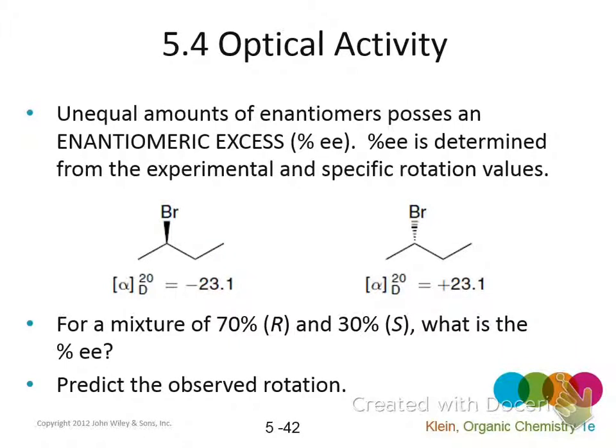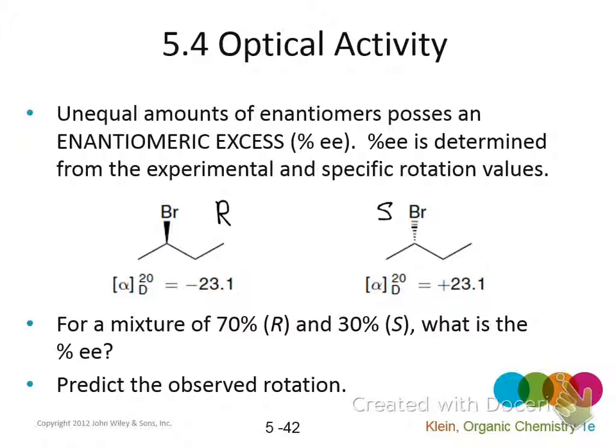So let's say we have unequal amounts now. And this is 2-bromobutane. The molecule on the left is the R molecule, and this is the S. The pure enantiomer for R causes a rotation of light towards the left-hand direction of 23.1 degrees, so counterclockwise.